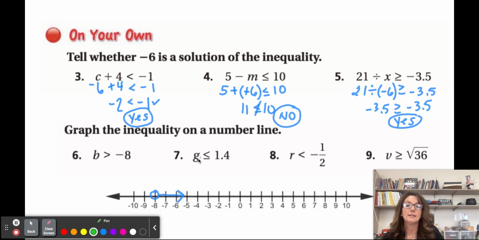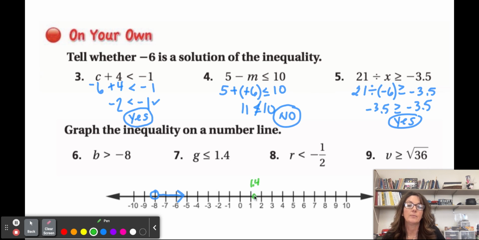Okay, g less than or equal to 1.4. This symbol tells us closed circle. So where the first one was open circle, this is a closed circle. So I find something that looks sort of close to 1.4 because it's a little bit less than 1 point something. We'll call that 1.4.